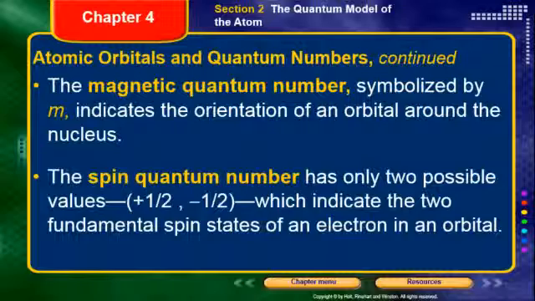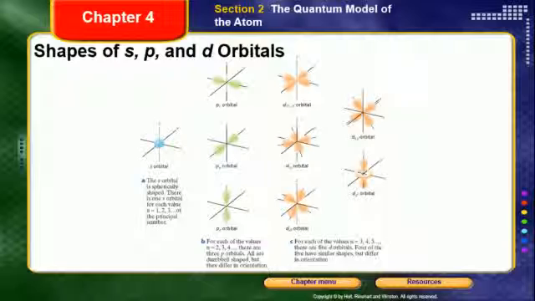So we have the main energy level, the shape, and then the orientation of that shape. And then lastly, we have the spin quantum number that has only 2 values. It can either be positive half or negative half, which indicates the 2 fundamental spin states of an electron in an orbital.